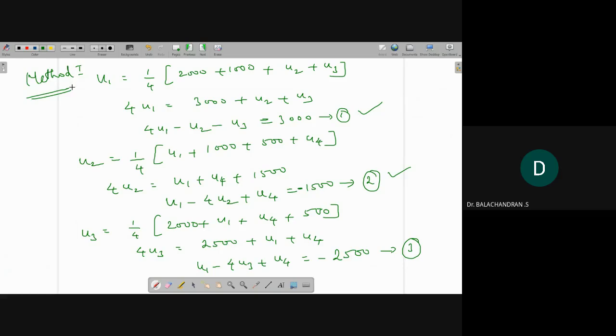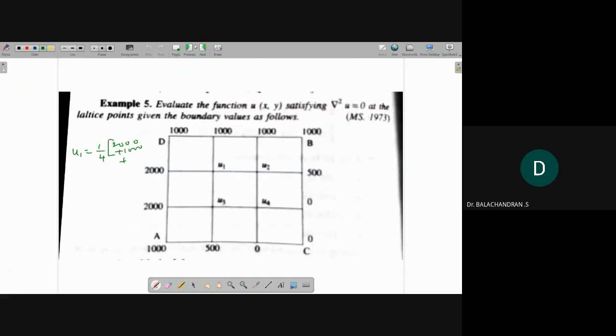Method 2 is new to you; you already know the ordinary method. For this, I am going to assume any one of the u values. Even if you apply the diagonal 5-point formula for u1, you know some values but not one. For the standard 5-point formula, you don't know two values.